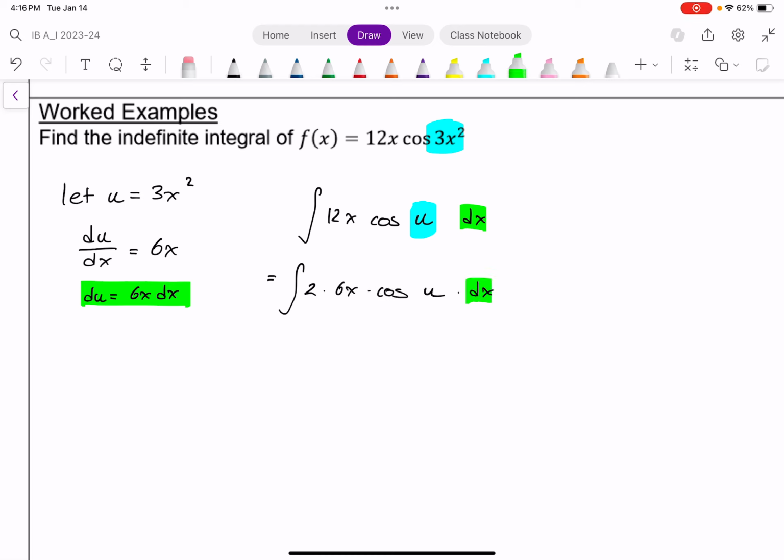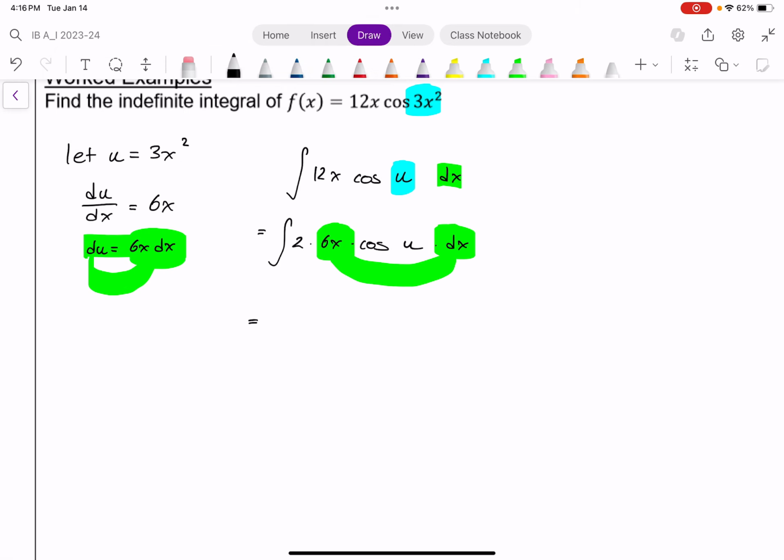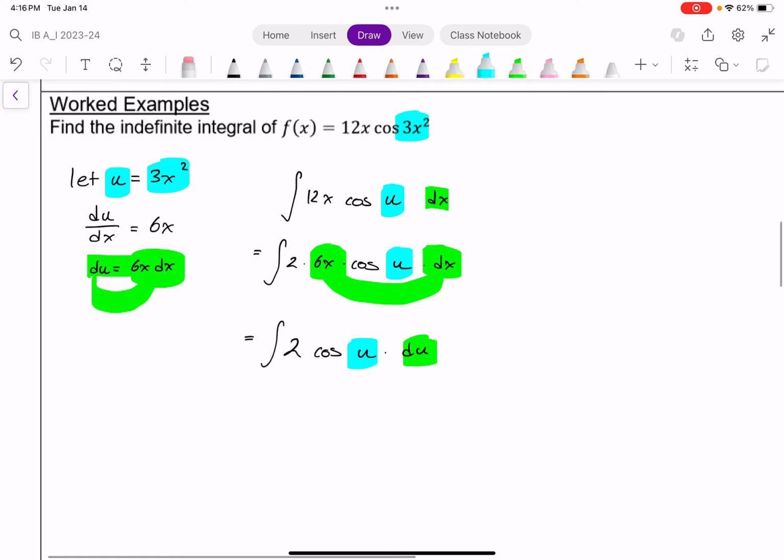Notice I have dx times 6x. And what I see there, 6x times dx, is the same thing I see here, which means I can substitute that with du, which means I can write this now as just the integral of 2 times the cosine of u du. And remember, u is 3x squared. All right, now I have rewritten through substitution, hence it's called integration by substitution.